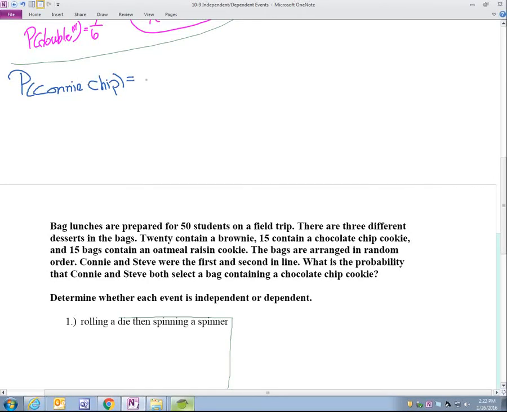Okay, the Connie chip. So the number of outcomes. What's the probability of how many times is she going to get that chip possibly? What are the number of outcomes for it? 15, because there are 15 bags with a chocolate chip cookie in there. That's from right here.